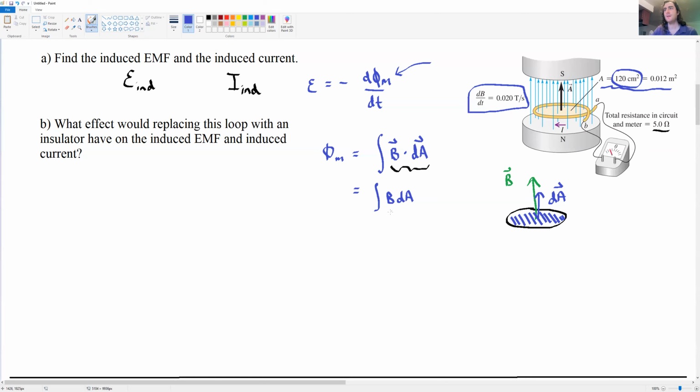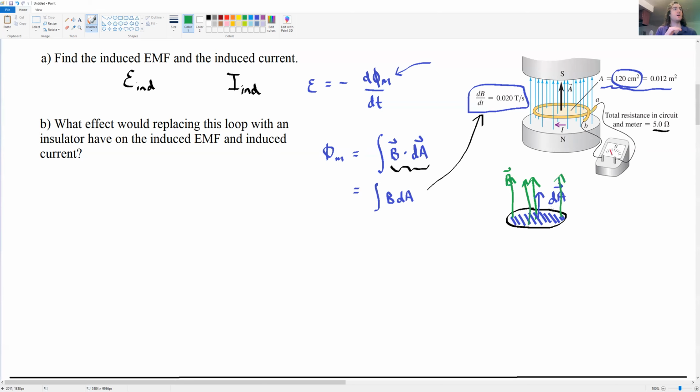The magnetic field, now this is maybe a little bit of the tricky part of this argument. The magnetic field here is changing with respect to time, but it's not changing with respect to the location in this area. So the magnetic field over here on the left is the same as the magnetic field over here on the right, and it's the same as the magnetic field in the front and in the back.